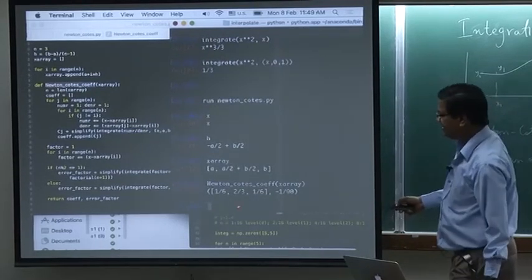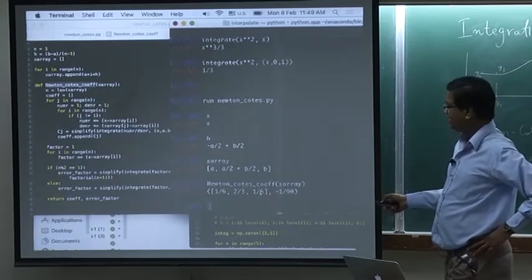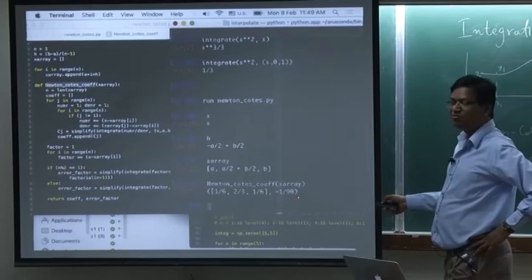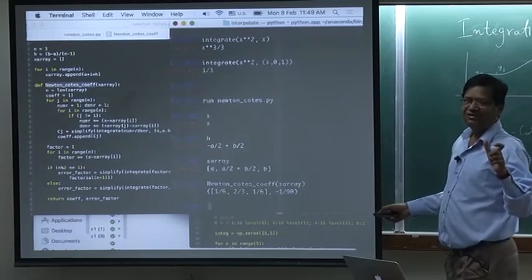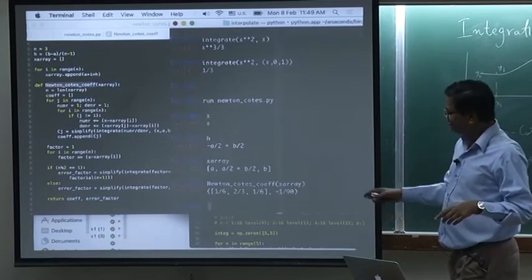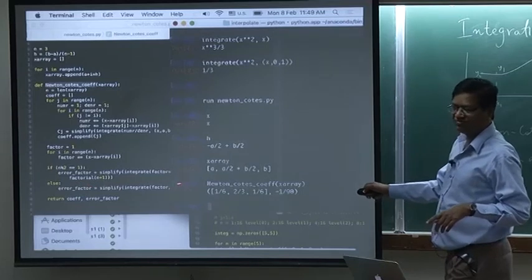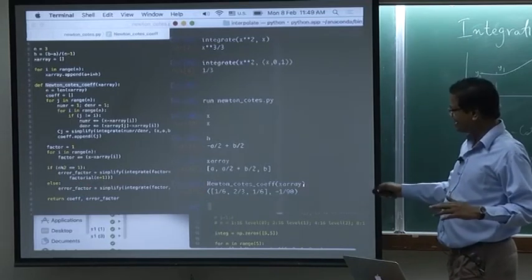So my coefficients are 1/6, 2/3, which is 4/6, and 1/6, and the error is -1/90. So I divide by h to the 5. You look at the error part, so there is a division. Okay, so it works. So you look at the table, this is exactly the same number.